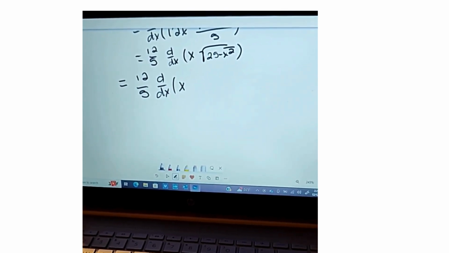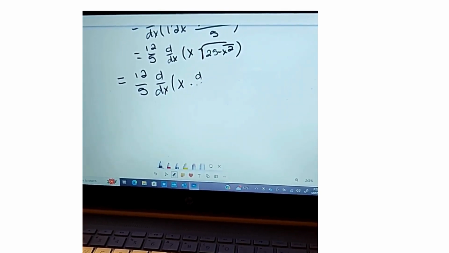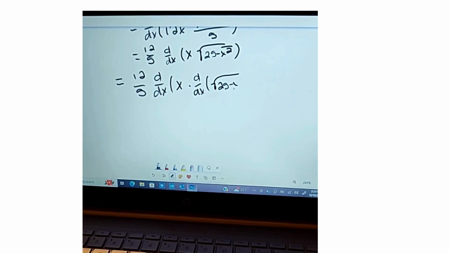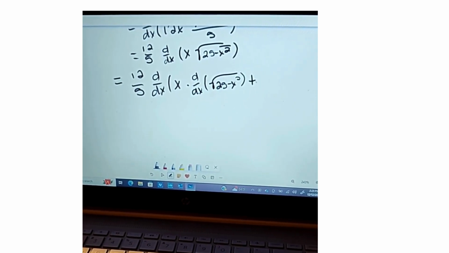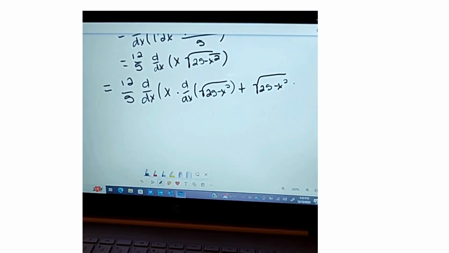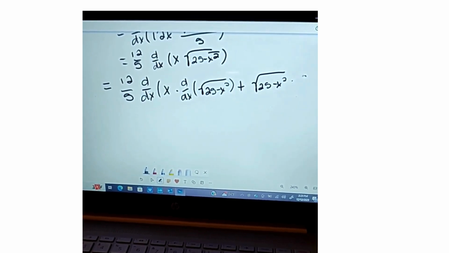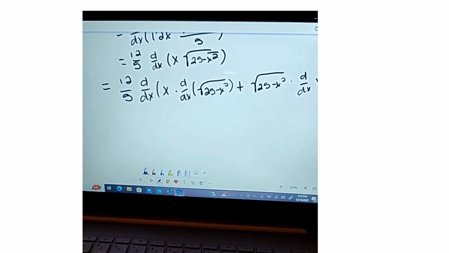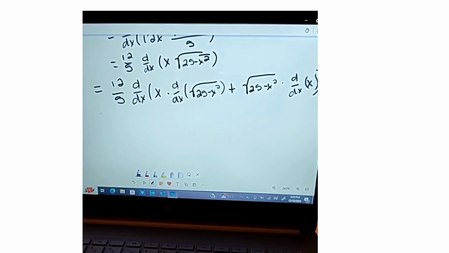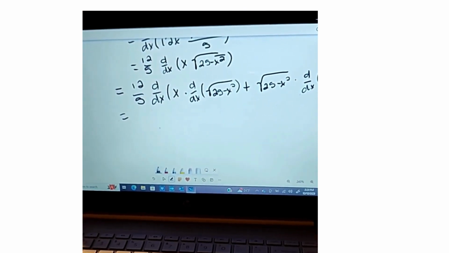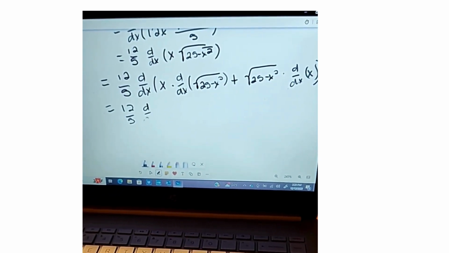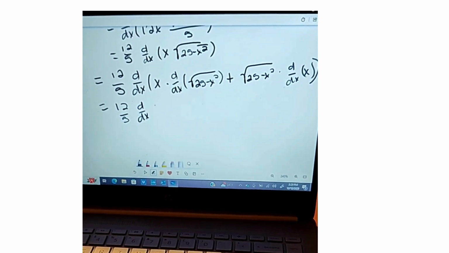So we have to do the first part times the derivative of the second part, plus the second part times the derivative of the first part. And now we've got to do all of that work, and we would still have to bring that constant down. Don't forget your d over dx.